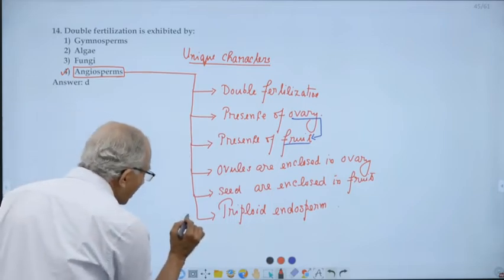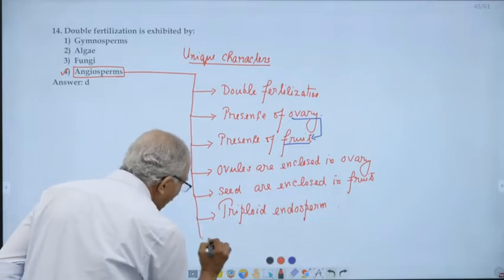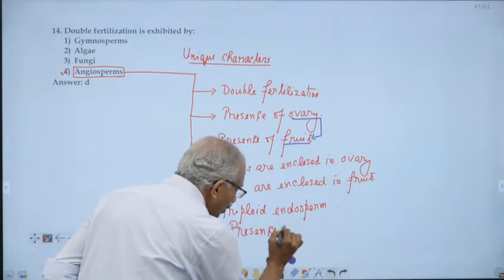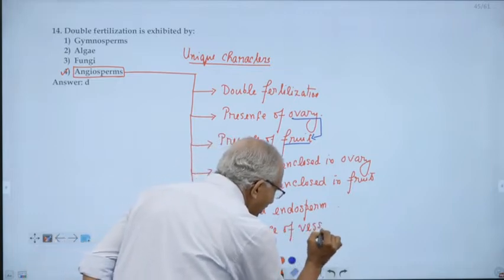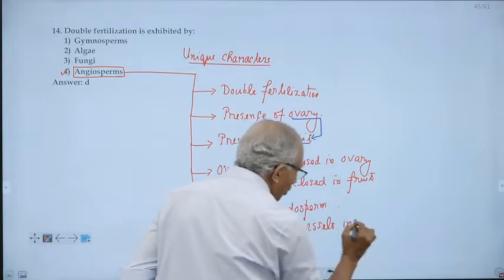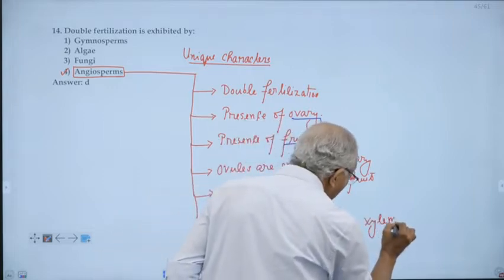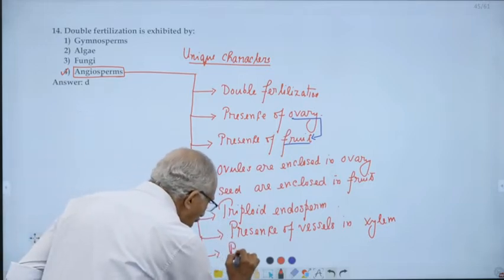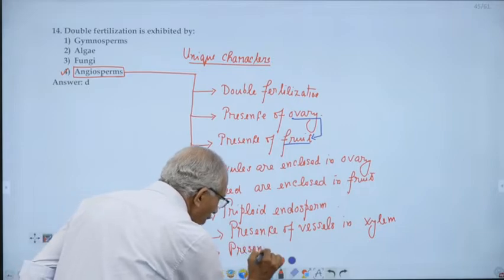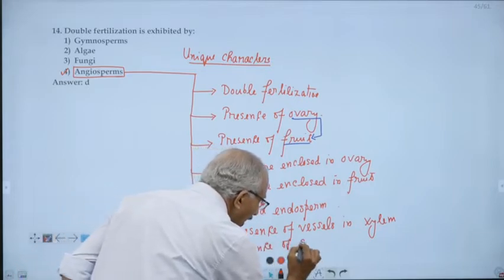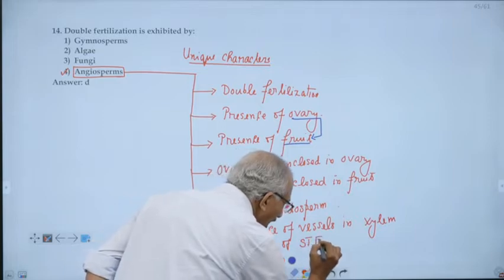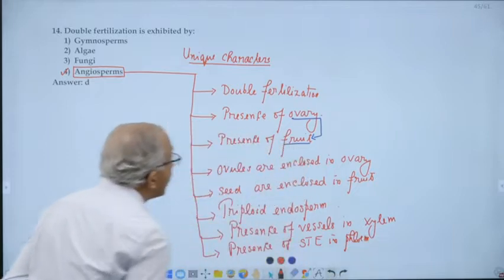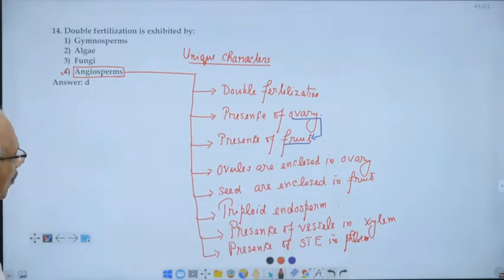Then from the anatomical side, we can say presence of vessels in xylem, then presence of sieve tube elements in phloem.